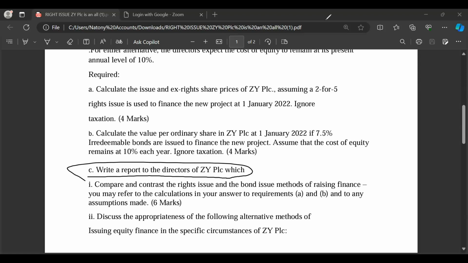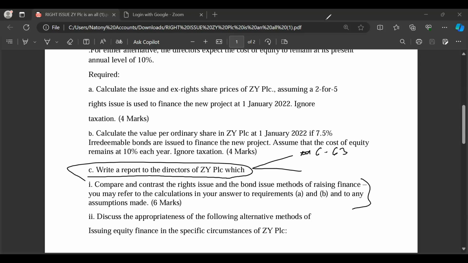Okay, so just basically what we'll be looking at here, when we are comparing equity and debt financing, there are basically one or two things that shareholders will be looking at. First of all, for the equity finance, if right issue is used, the share price will drop. Currently, the cum div share price is 6.63.